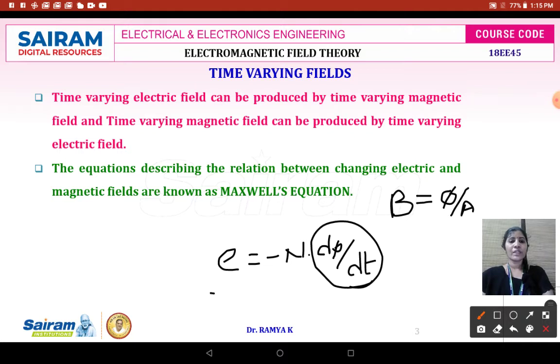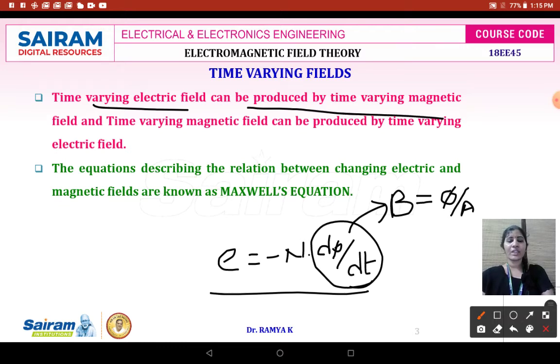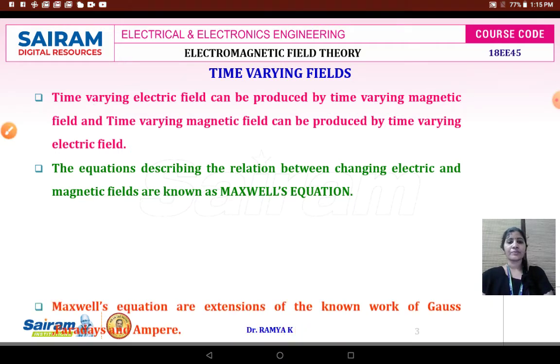So when you look at this equation and relate this change in flux to the flux density, a time varying electric field is going to produce a time varying magnetic field, or a time varying magnetic field is going to produce a time varying electric field. The relationship between the changing electric and magnetic field is known as Maxwell's equation.